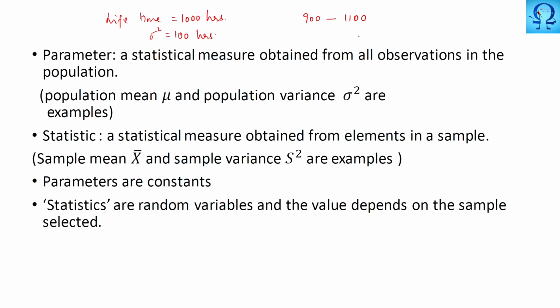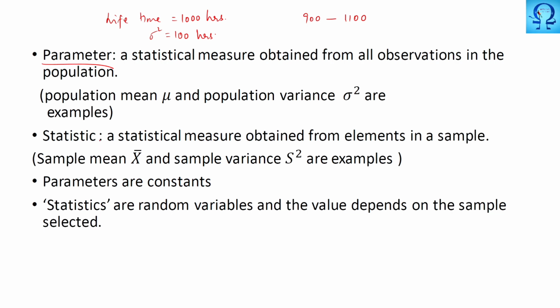Okay, so now this is the measure that we are going to observe from the population. Basically, what is the parameter upon which we are going to perform the statistical calculation? That is what we call a parameter. Here is where we have given the definition of a statistic. It is a statistical measure obtained from the elements in a sample.